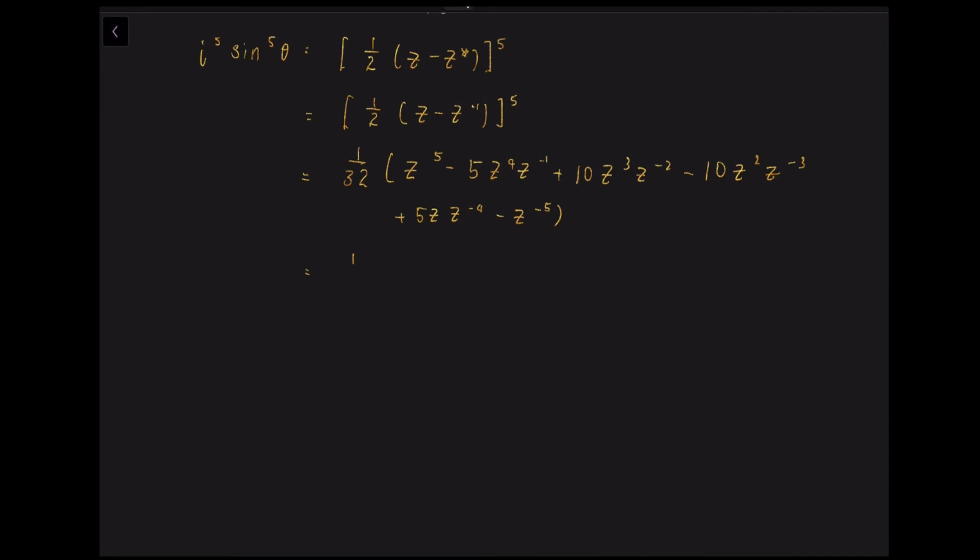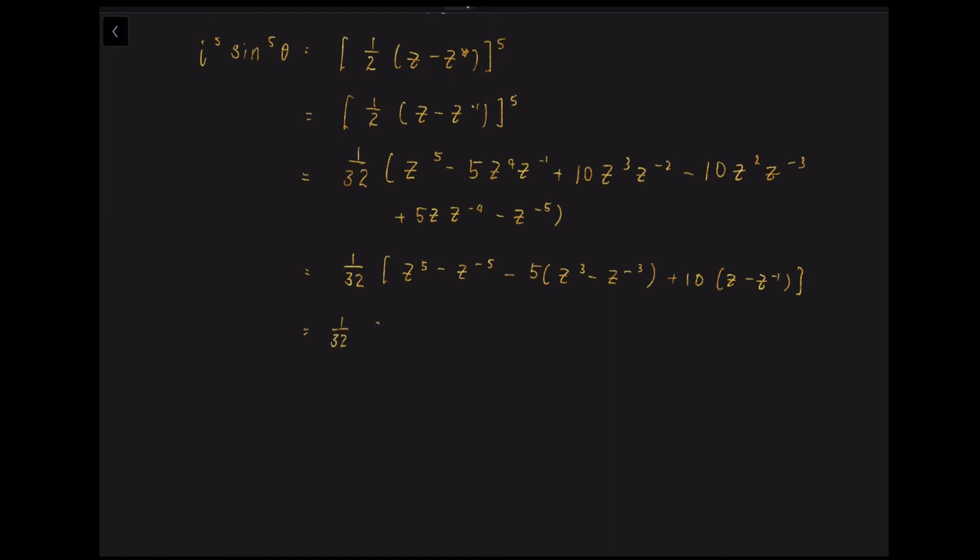And then you rearrange the similar powers together. In this case, we have z to the power of 5 minus z to the power of -5. Since we are subtracting and not adding, the minus sign indicates a sine.